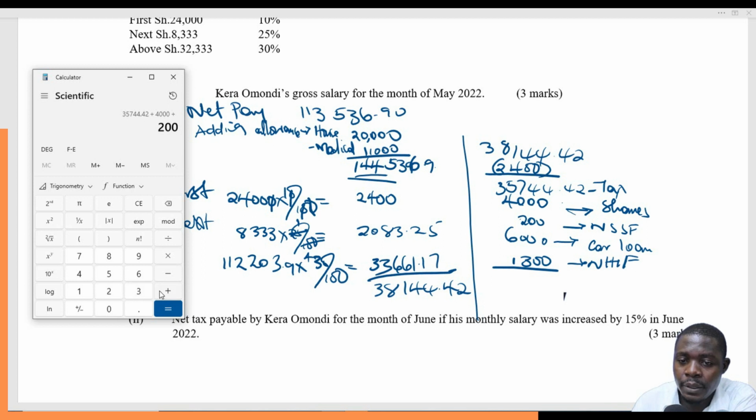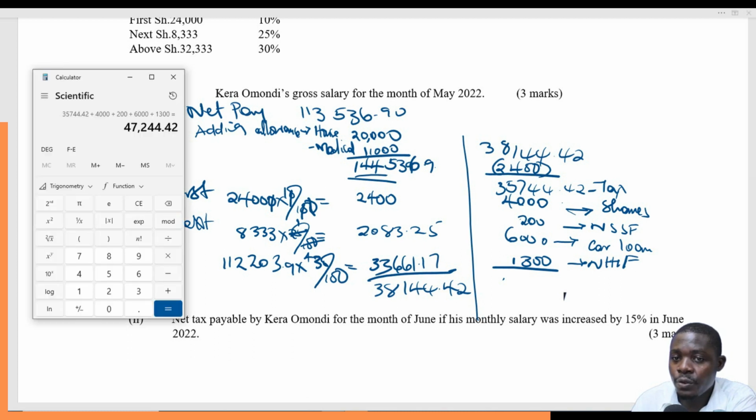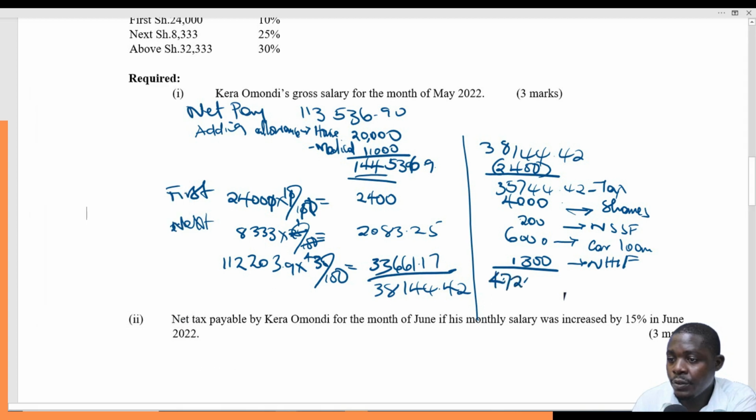NSSF, we add 6,000. Then lastly we add 1,300. That is for NHIF. You get the total deduction as 47,744.42.